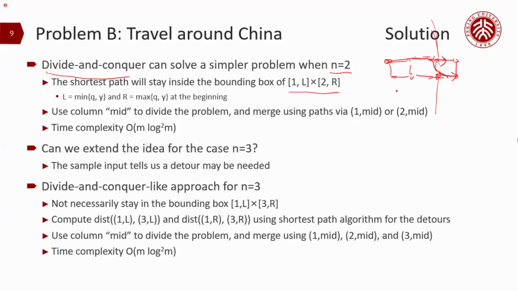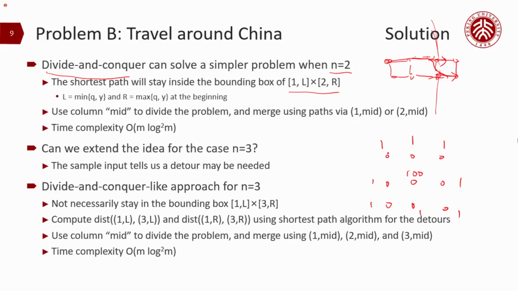The sample input tells us that a detour may be needed. I forgot in detail what's in the sample, but as far as I can remember, we have cost 1 on the edges, and we have a cost 100 in the middle.